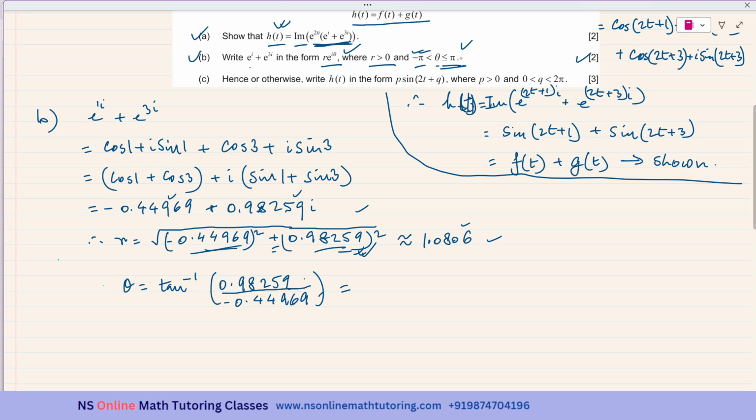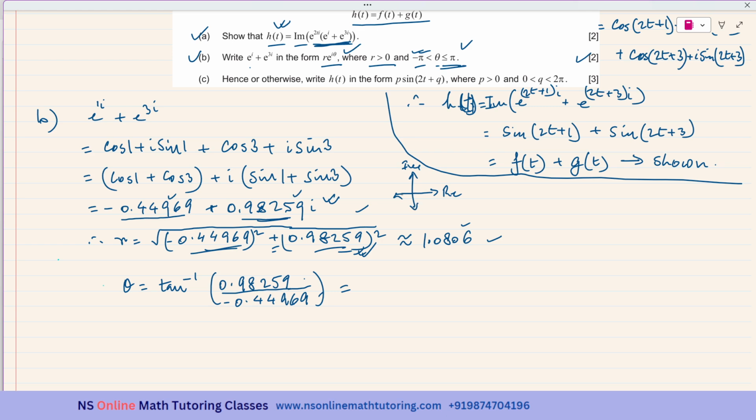But the problem is that the number is this. The real part is negative and the imaginary part is positive. Okay, if you think about the Argand diagram that you draw, this is the real axis, and this is the imaginary axis.